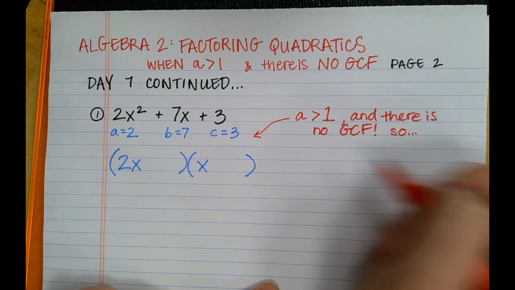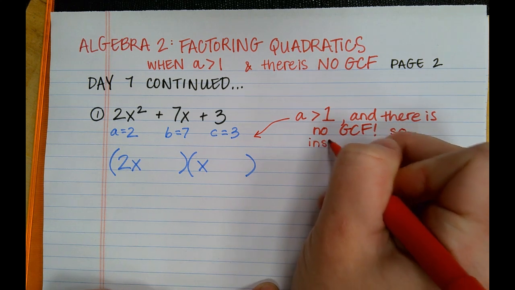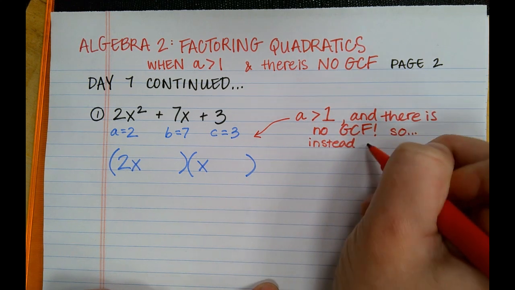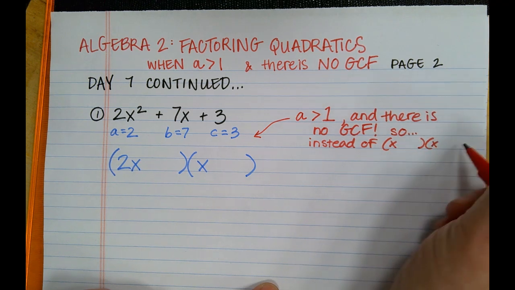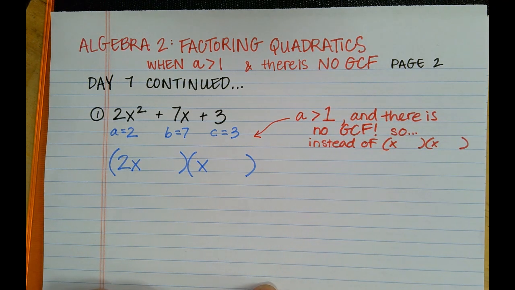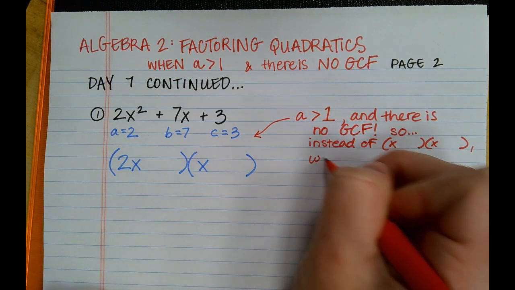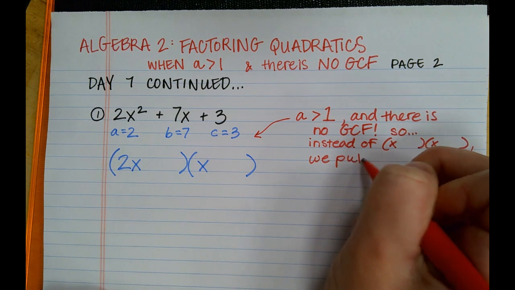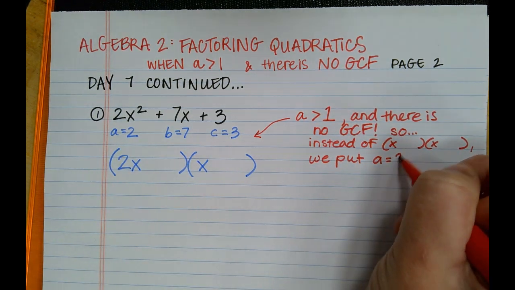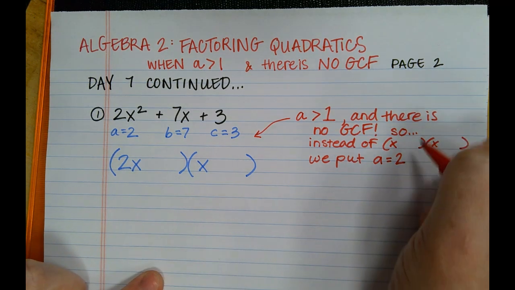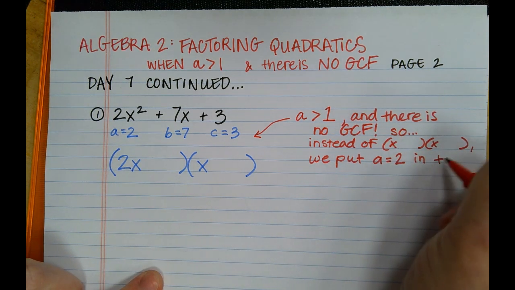So instead of x and x, we put A, or our 2, in the first parentheses.